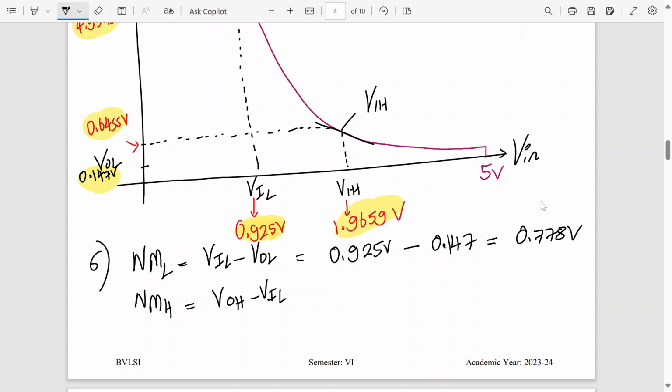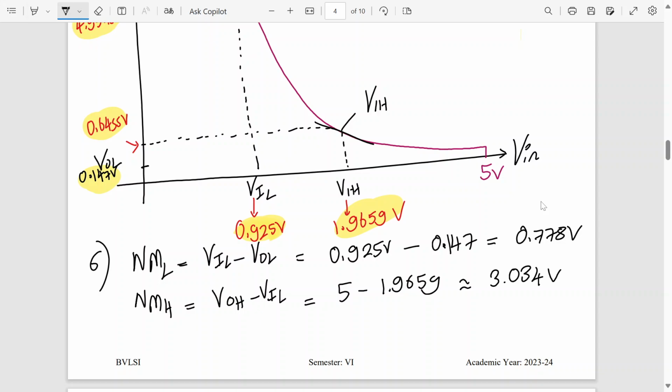Yes. Next case, VOH is 5 volt and VIH is 1.9659. That is equivalent to how much? 3.034.